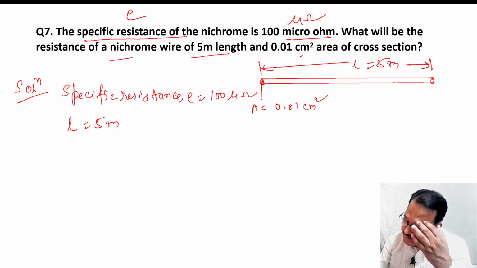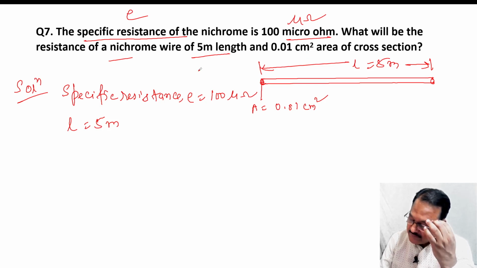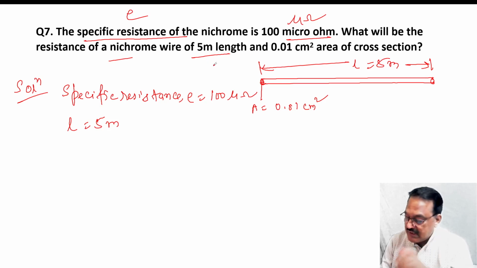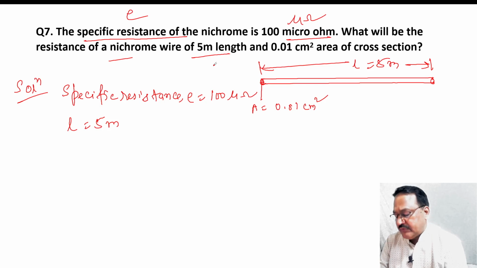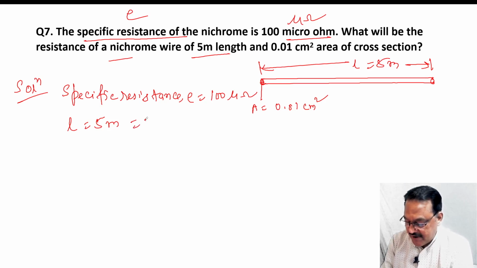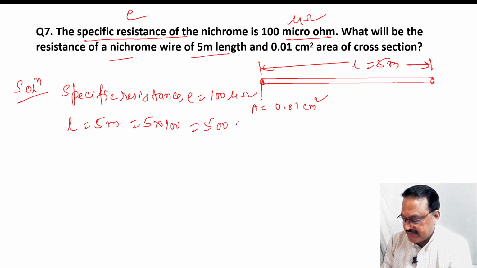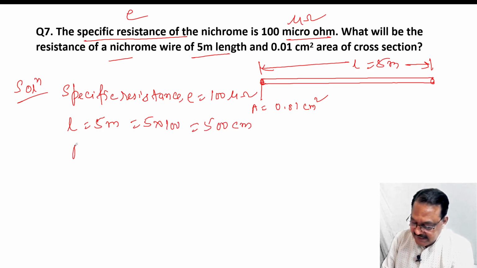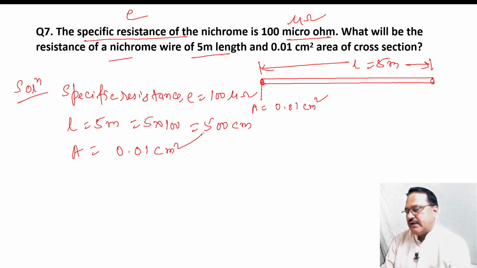Here the area is given in centimeter square. Okay. And length is given here in meter. I think it will be better to convert meter into centimeter for simplification. We can write here 5 meter into 100 equal to 500 centimeter. Okay. Because area is given here in centimeter square, 0.01 centimeter square.